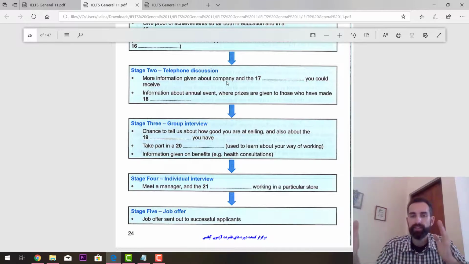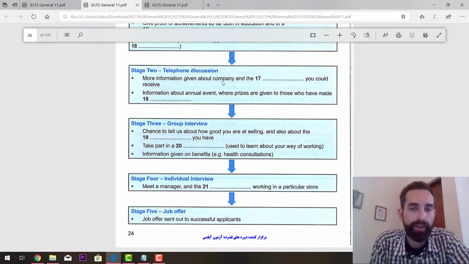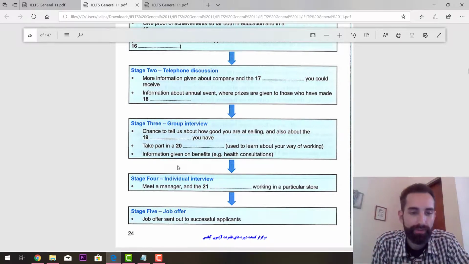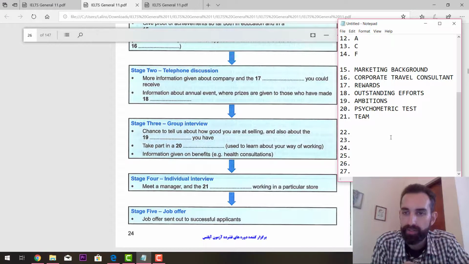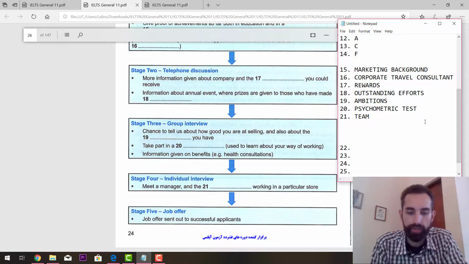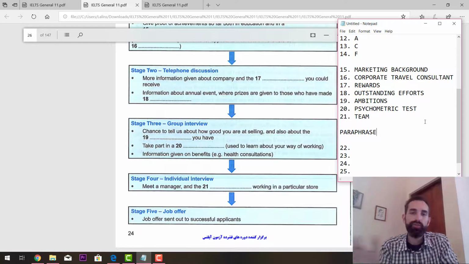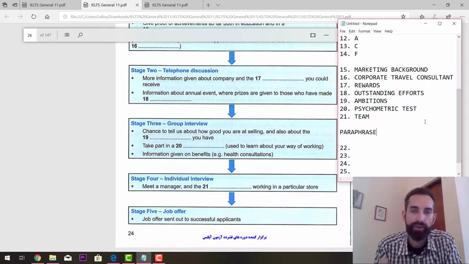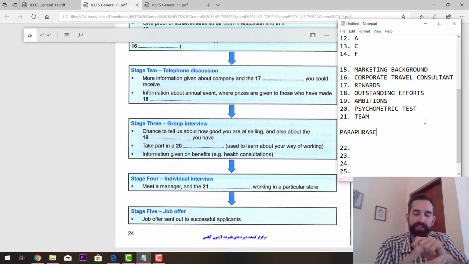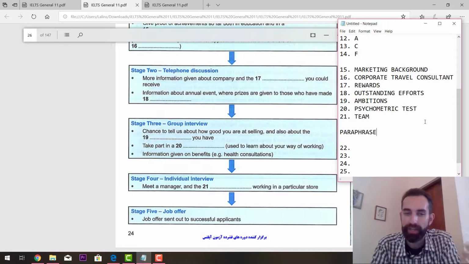That's paraphrasing. That's just a little tip. Let me type that out for you, because the word paraphrase is a useful word. Like in school, they'll often ask you to paraphrase the text instead of just copying out the entire text.